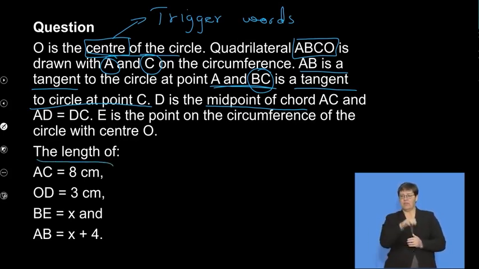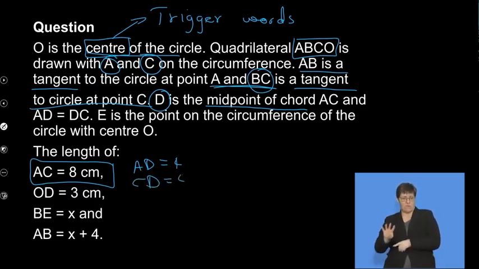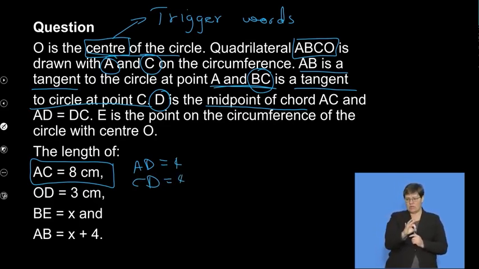Now, AC is given to be 8 centimeters. Since D is the midpoint, it makes AD equal to 4, and it makes CD also equal to 4. And then OD is 3, and then the others are X and X plus 4.